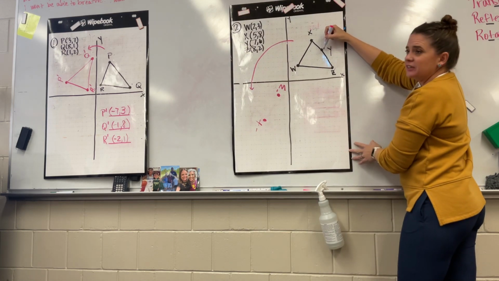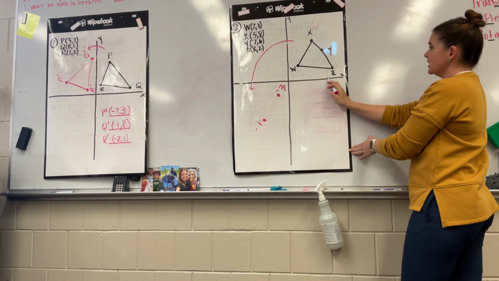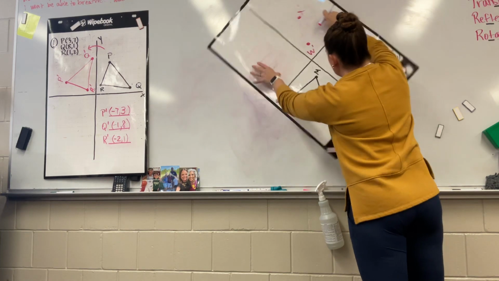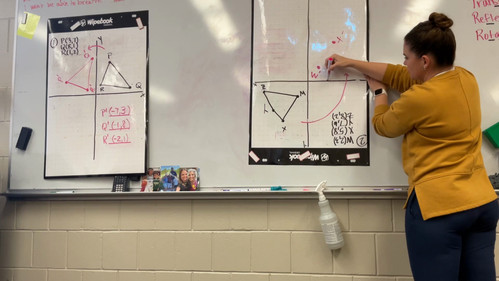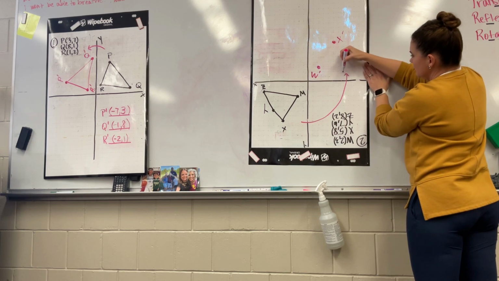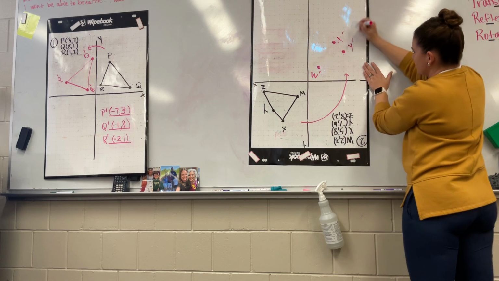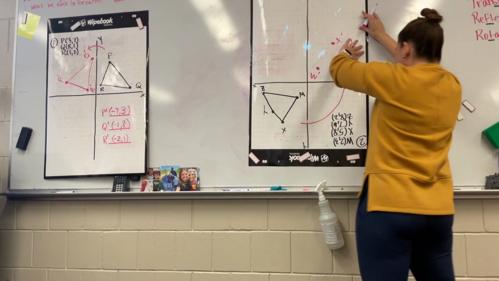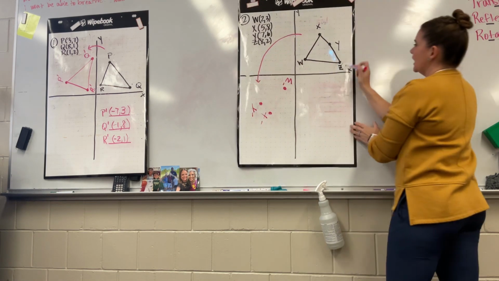Y is 7, 6. From the origin to get there, we travel right 7 and up 6. So with our paper upside down, from the origin, let's go right 7, and up 6. And then Z is the coordinate 8, 2.